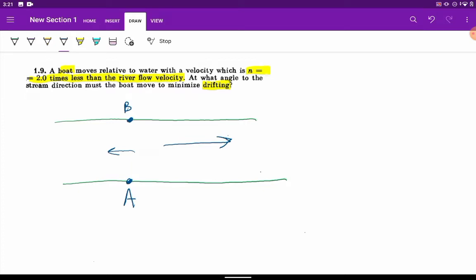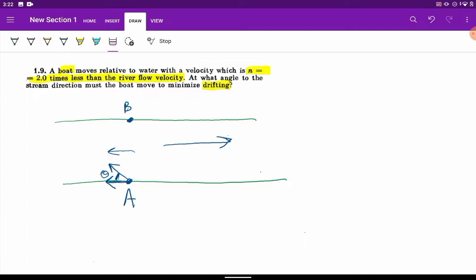And if it tries to move in any other direction, let's say at some angle theta, then a smaller component of it will act in the reverse direction to the river flow, and so it will obviously be drifted towards the right, so it cannot reach B exactly.